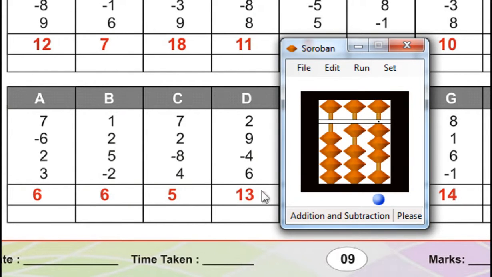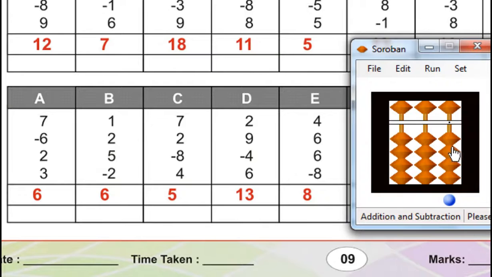Answer is 13. Next, 4 plus 6, for that plus 10 minus 4 plus 6 minus 8, for that plus minus 10 plus 2. Answer is 8.